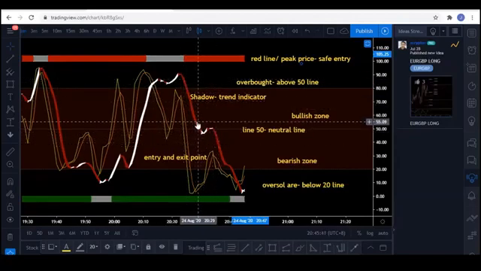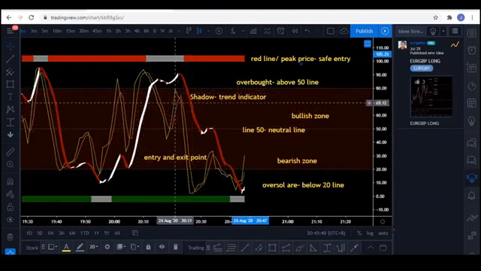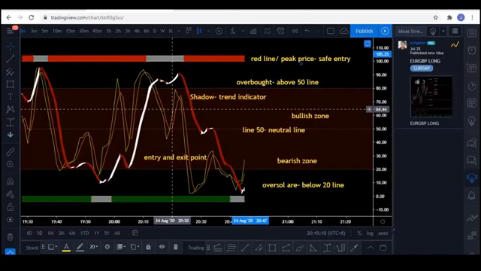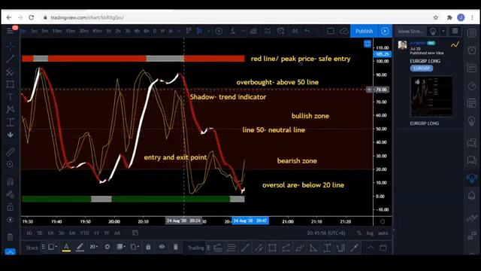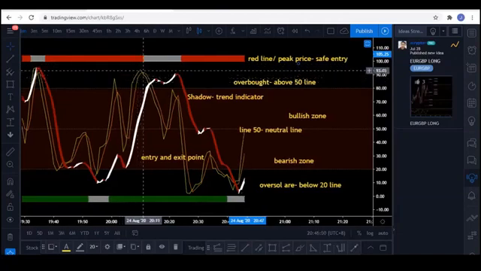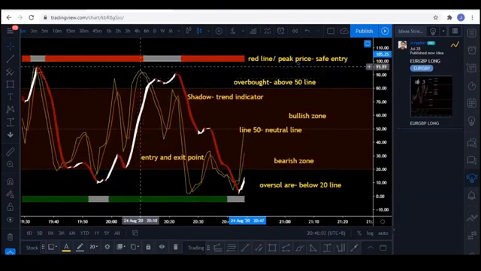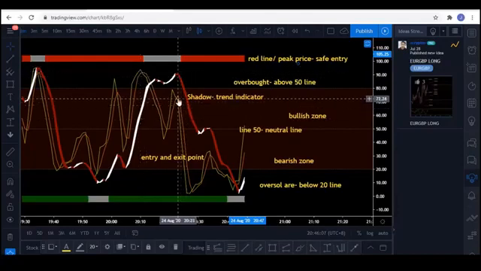Red means bearish and white means bullish. And then we have our shadow indicator entry. This is our entry and exit point, the crossover. Yellow over orange means uptrend, and orange over yellow means we are in downtrend.